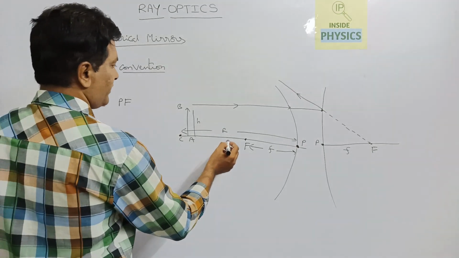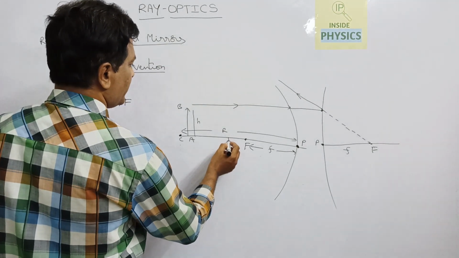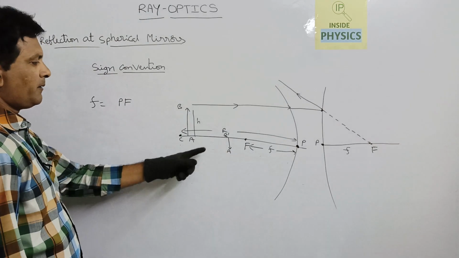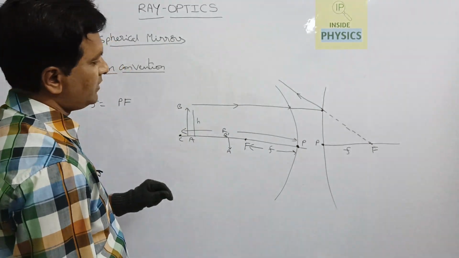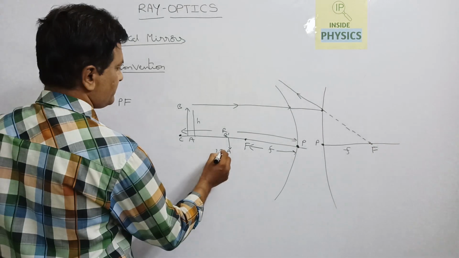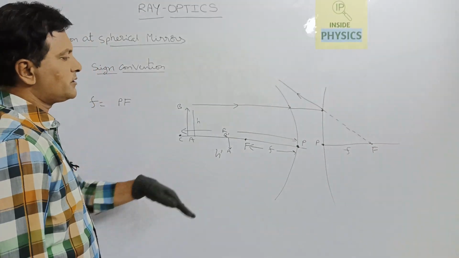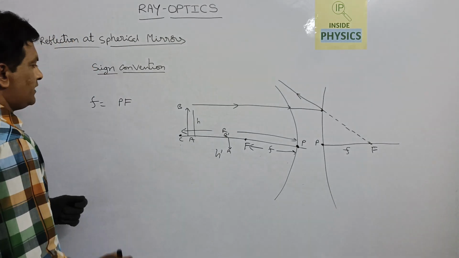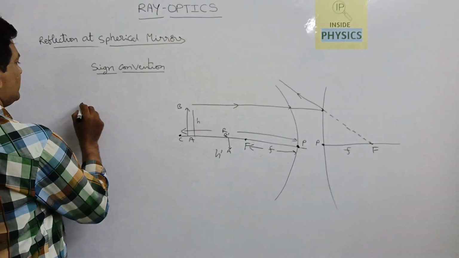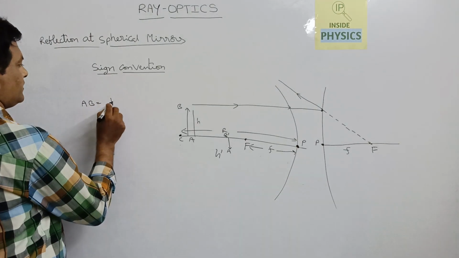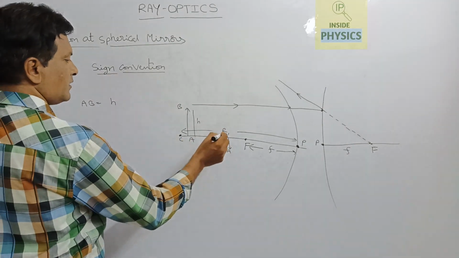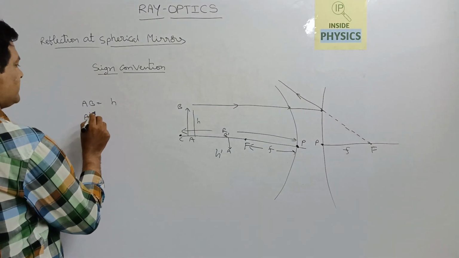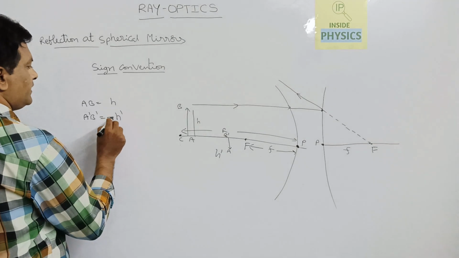And whenever some image is formed, that inverted image is below the principal axis, and the height of the image is, suppose, h dash. The distances measured below the principal axis are considered negative. Okay, AB equal to h is positive. Here A dash B dash, which is h dash, is considered negative.